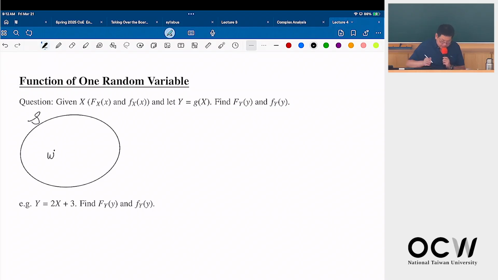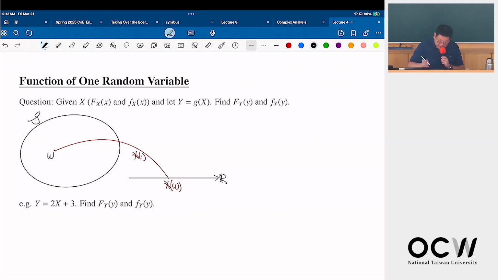Now I map to the real line. This is x of omega. I have a random variable x.